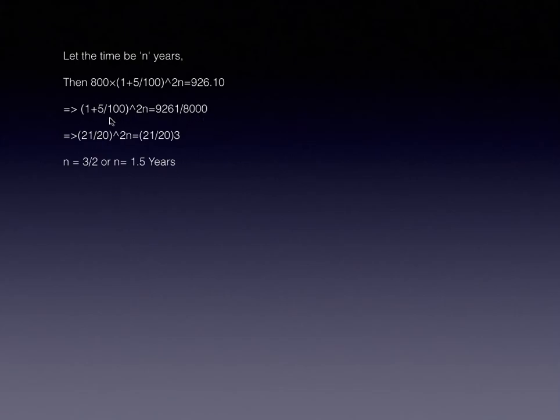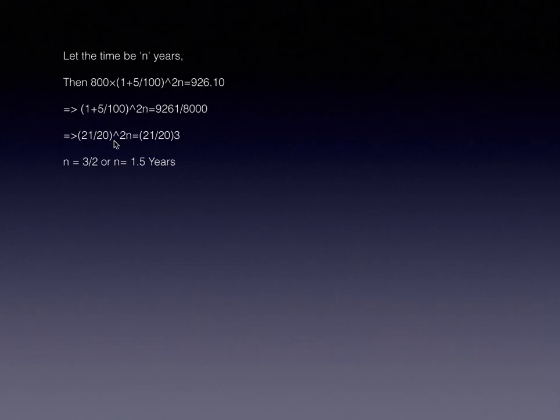That is, 105 by 100 whole raised to 2n, and 105 by 100 is 21 by 20. Therefore 21 by 20 whole raised to 2n is equal to 9261 by 8000. 8000 is 20 cube, 9261 is 21 cube.